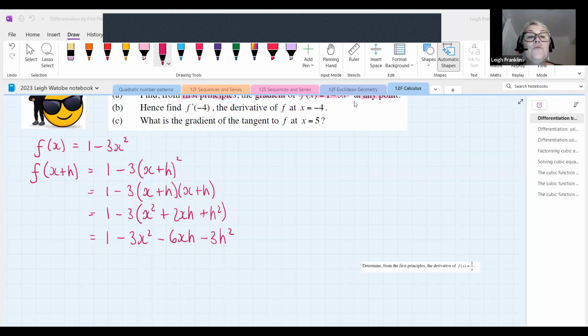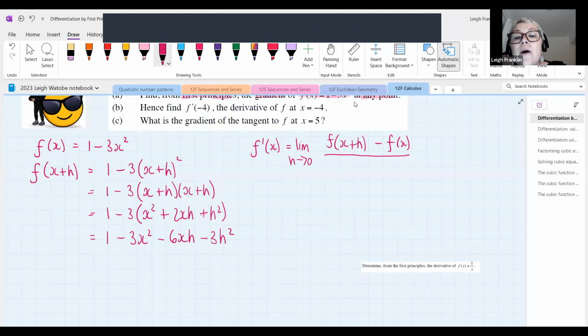Then sub into first principles. So first principles, f prime x is equal to your limit as h tends to 0 of f of x plus h minus f of x all over h. We have to keep our limit notation, and I'll show you the point at which we drop our limit notation.